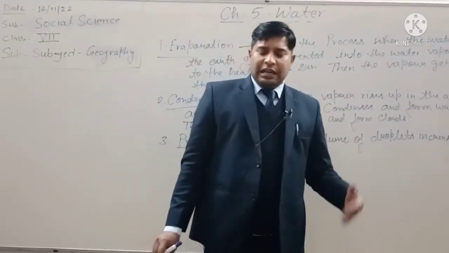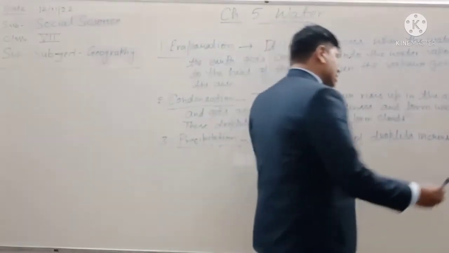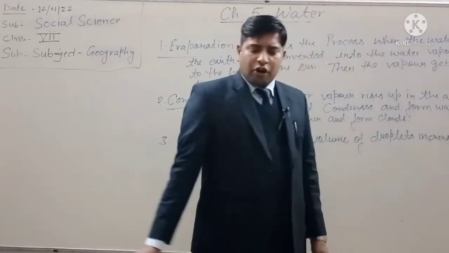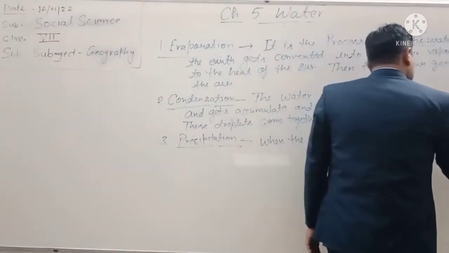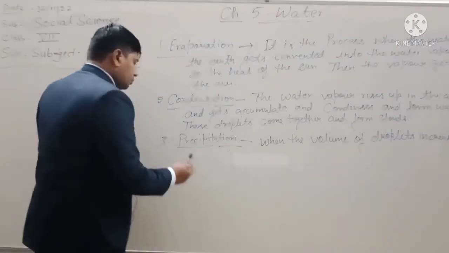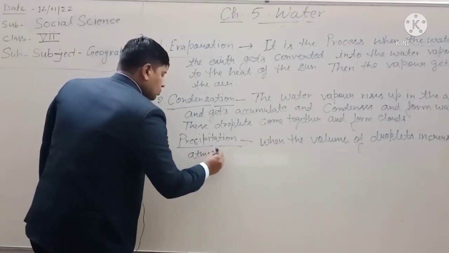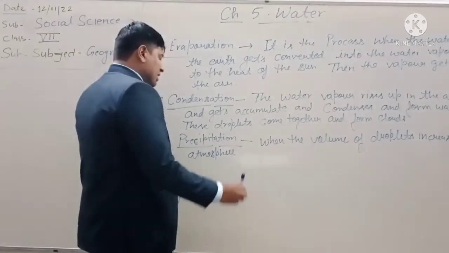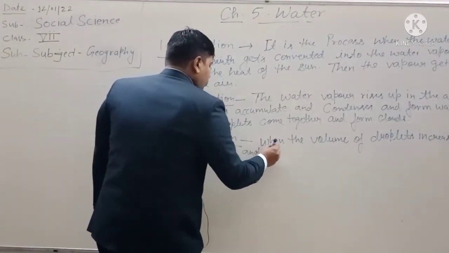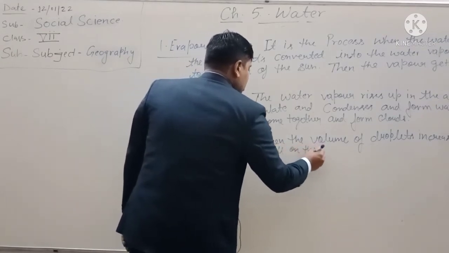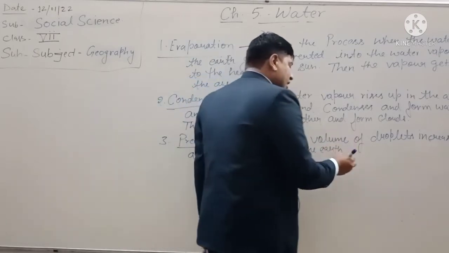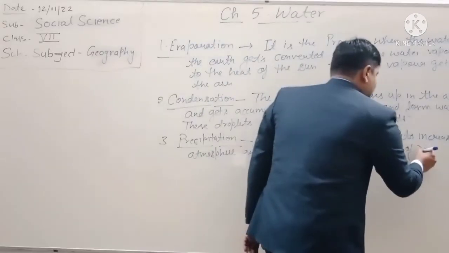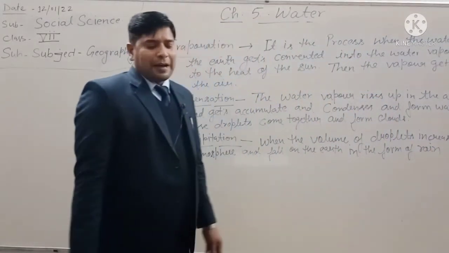When the volume of droplets increase in the atmosphere and fall on the earth in the form of rain, known as precipitation.